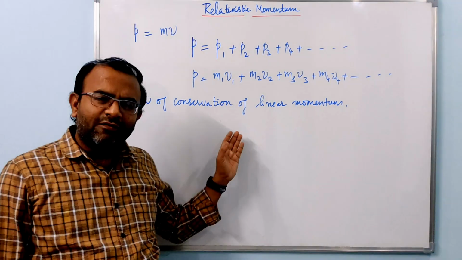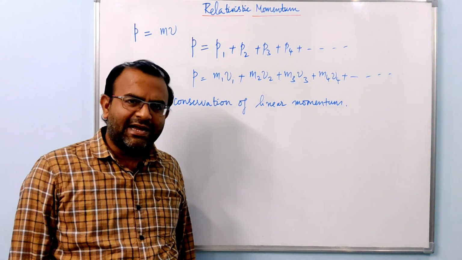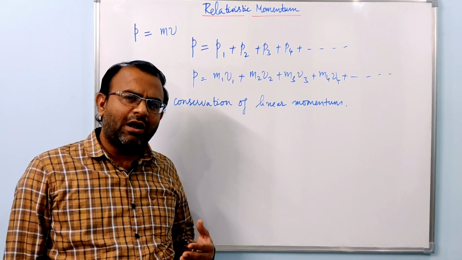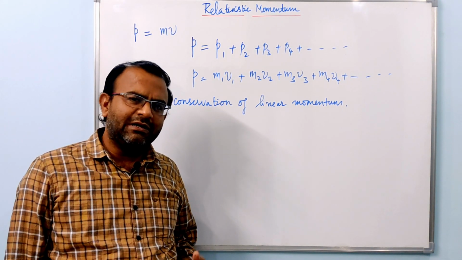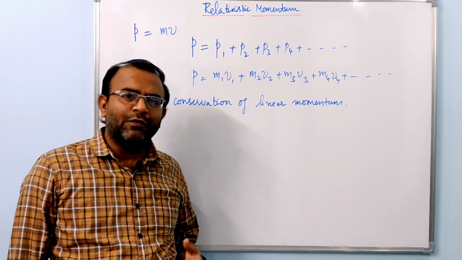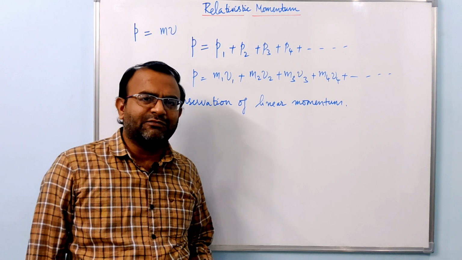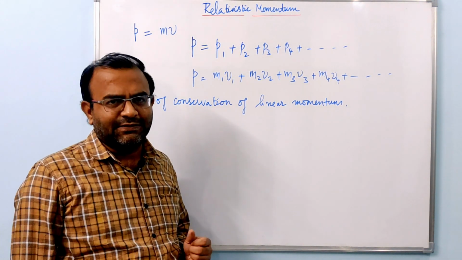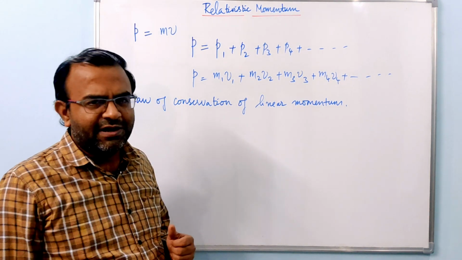So the law of conservation of linear momentum tells us that the total momentum before an event such as a collision is equal to the total momentum after collision, provided no external forces act on the system. So in the absence of any external forces, the momentum of the system is conserved. This is the law of conservation of linear momentum.